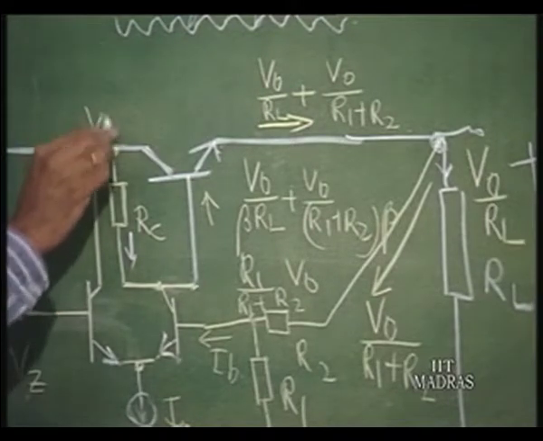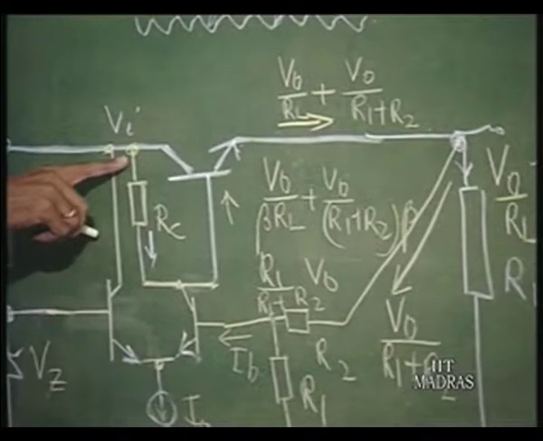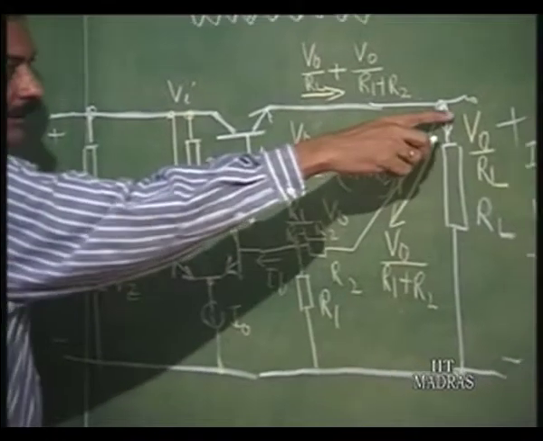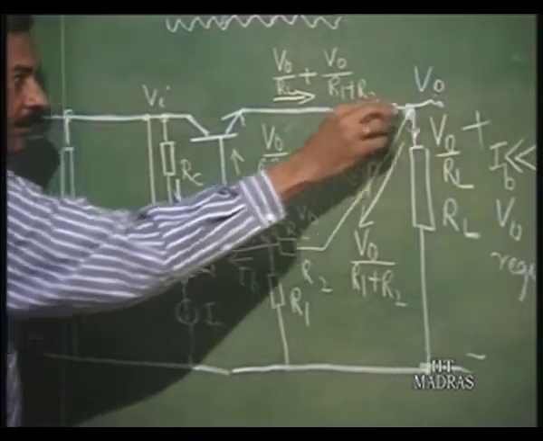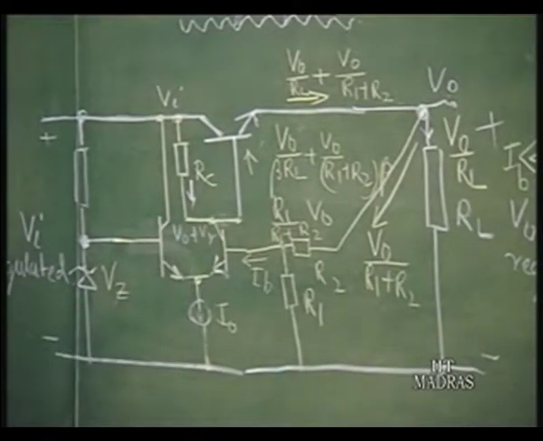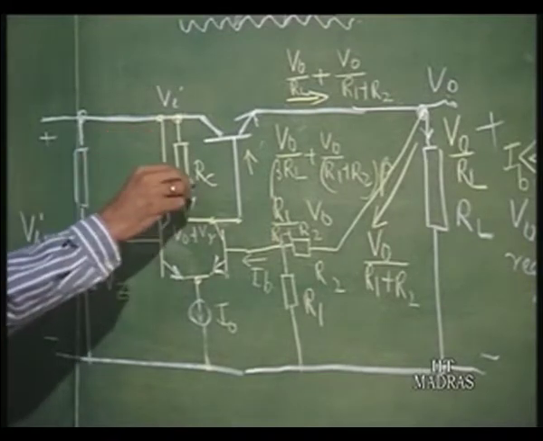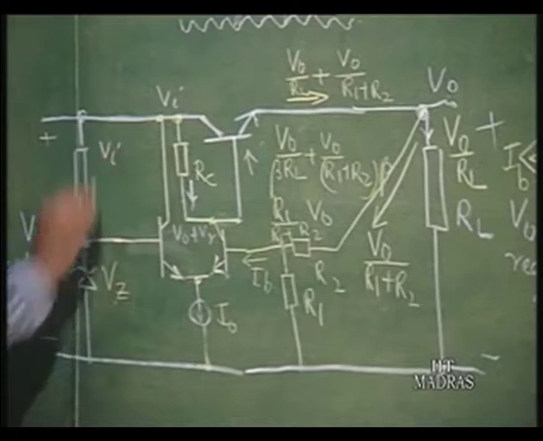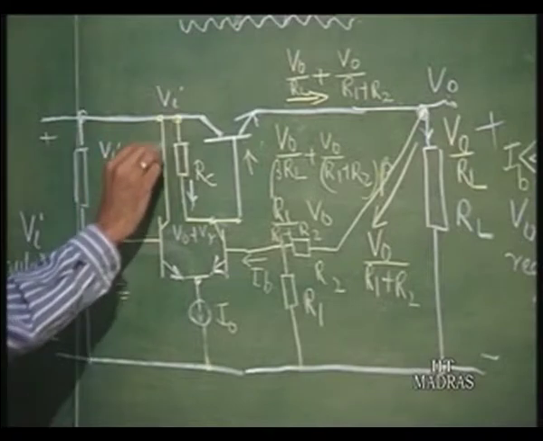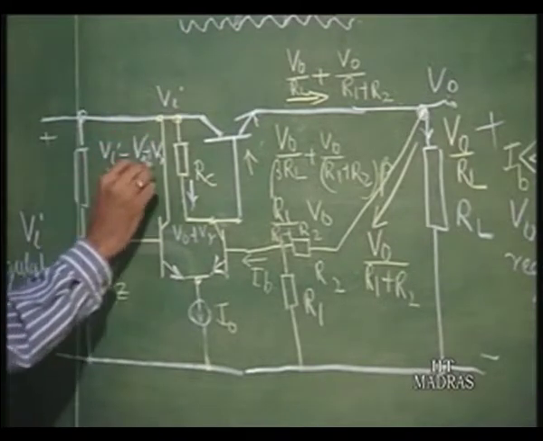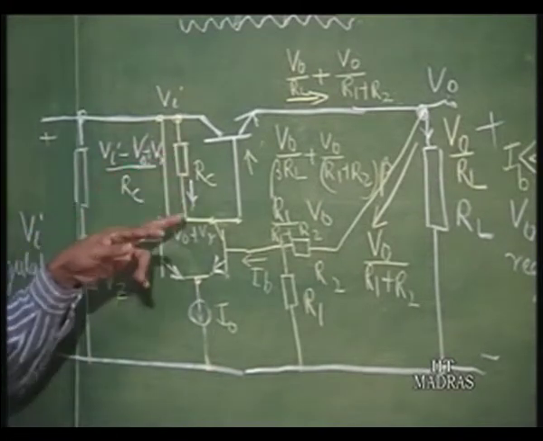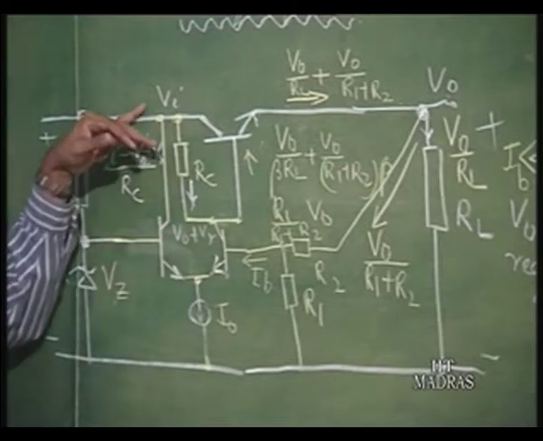This is at V I, all we know this potential, and this is V naught, this is at V naught plus V gamma. So, the current in RC is V I minus V naught, minus V gamma, by RC. So, this current keeps fluctuating as V I is changing.